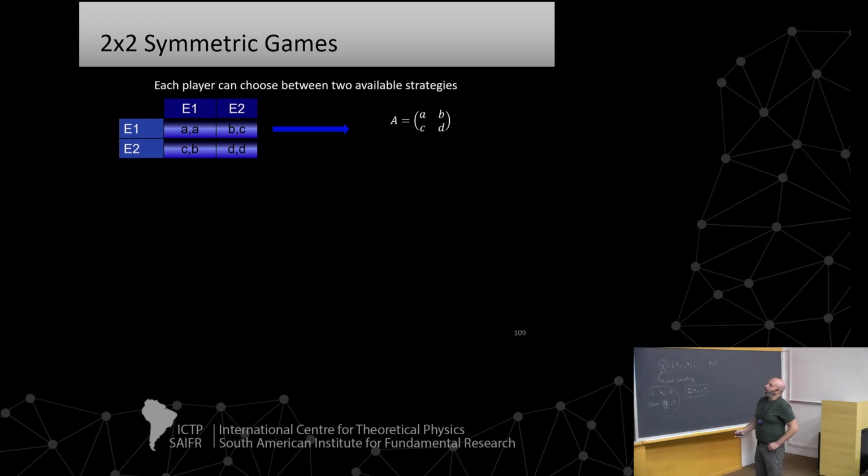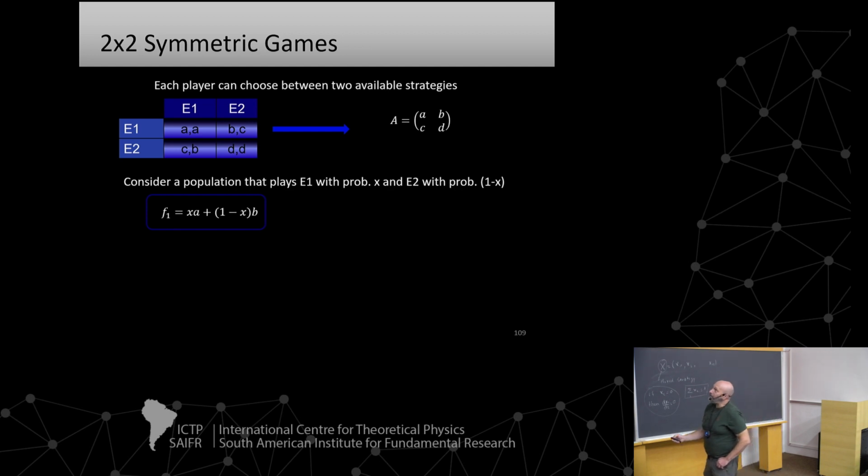What I am trying to do is the following. Consider a population that plays strategy E1 with probability x and E2 with probability 1 minus x. So for this population, the payoff, or the fitness, would be this one.